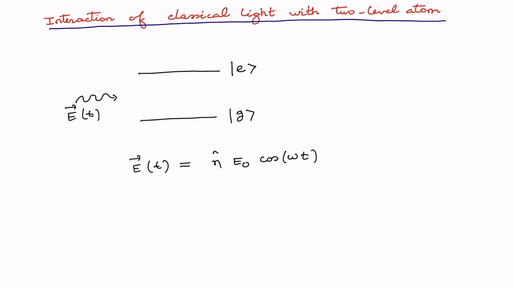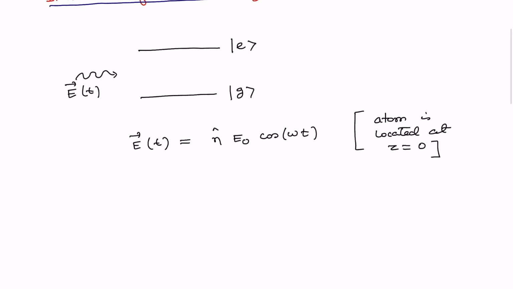Here we are ignoring the spatial dependence of the field and writing the field at the location of the atom. We assume that the atom is located at, say, z equal to 0. We assume that the wavelength of the field is much larger compared to the size of the atom. Suppose this is the atom size and this is the field.